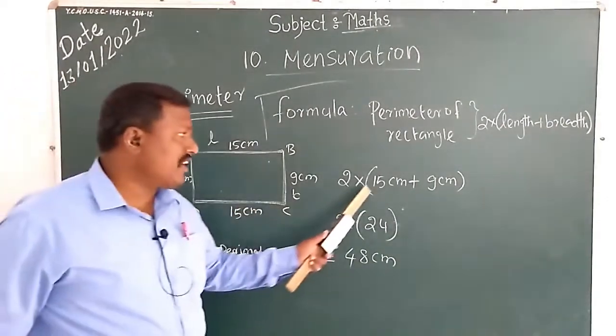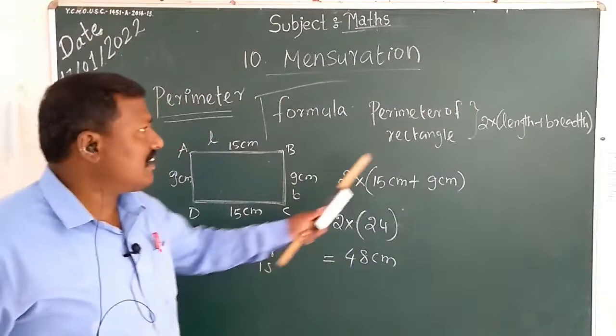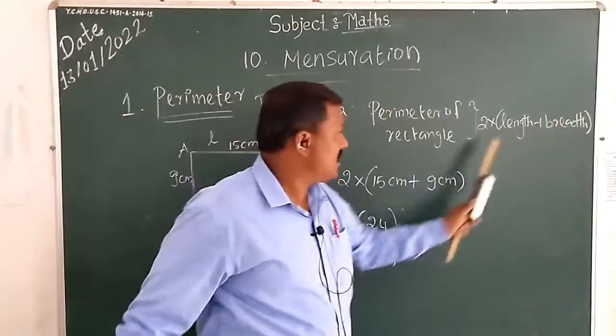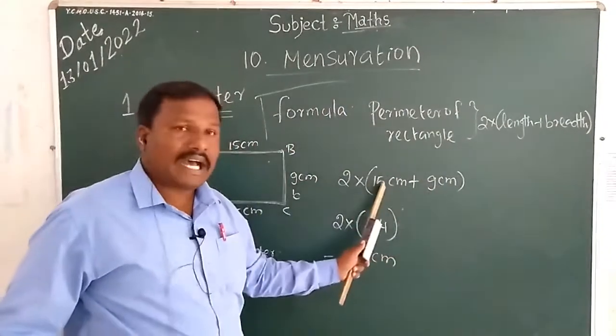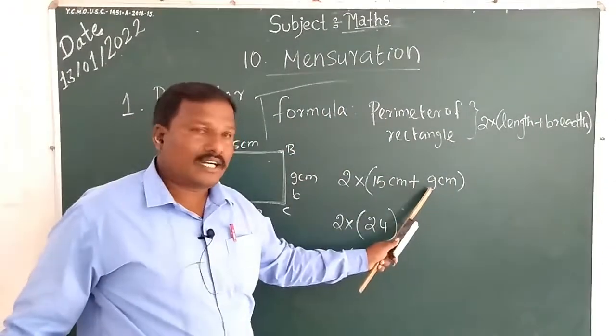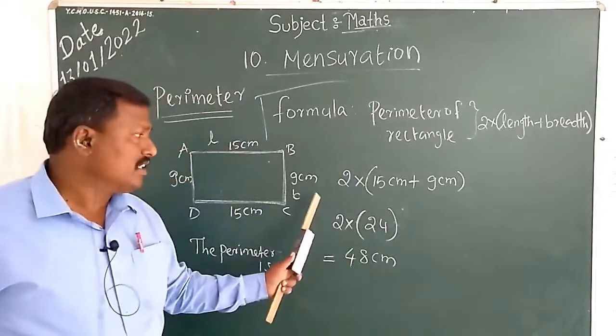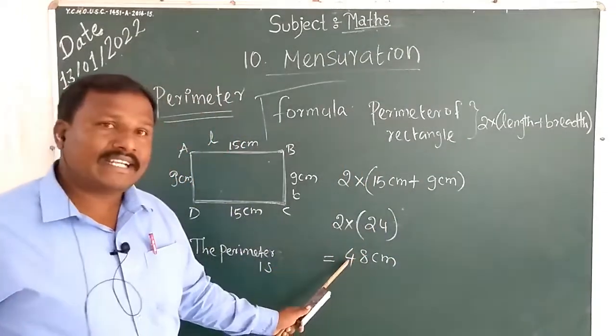So first we substitute the values: length is 15 centimeter, breadth is 9 centimeter. First add 15 plus 9, 24. Then multiply: 2 into 24, 48 centimeter.